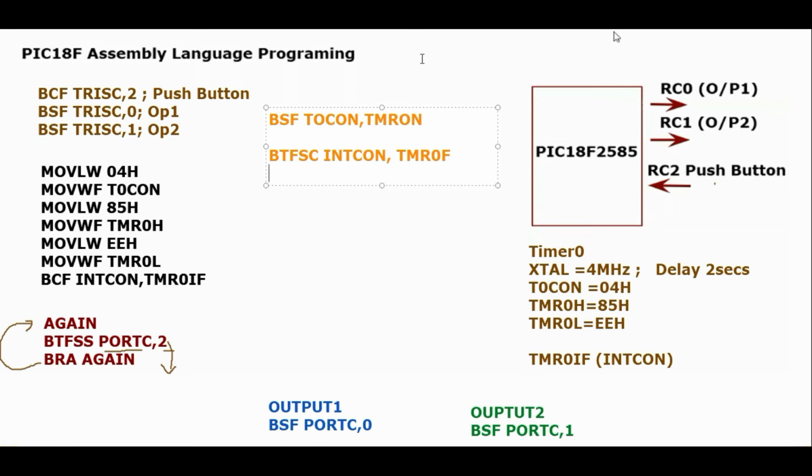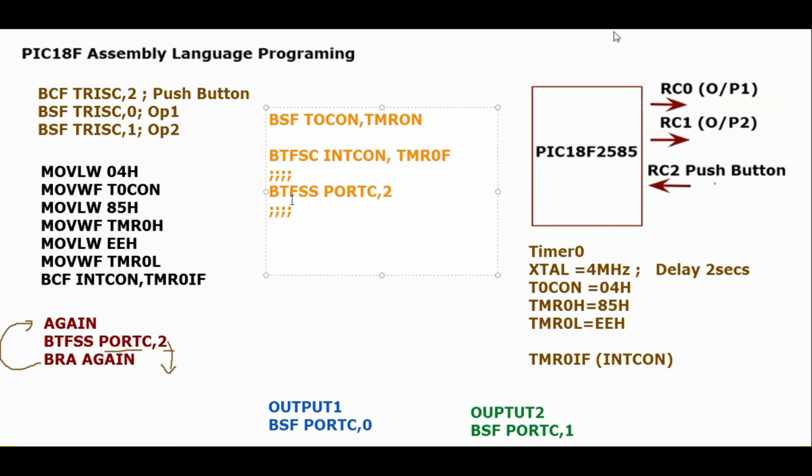If the timer is not expired, then I will skip this line, whatever I'm going to write here for a while. Then I'm going to check with bit test file skip if set whether port C comma 2 is still 1 or not. And if it is still 1, then we're going to write something. I will be explaining it in a while.